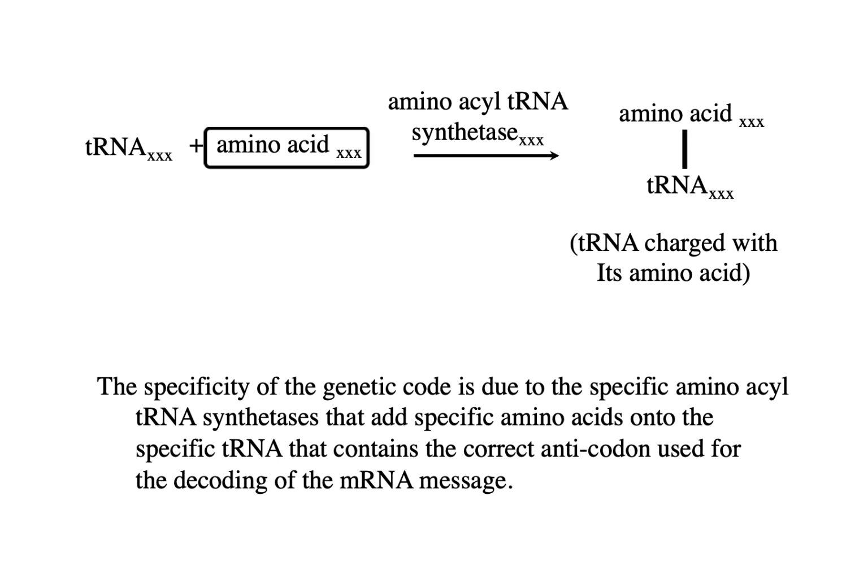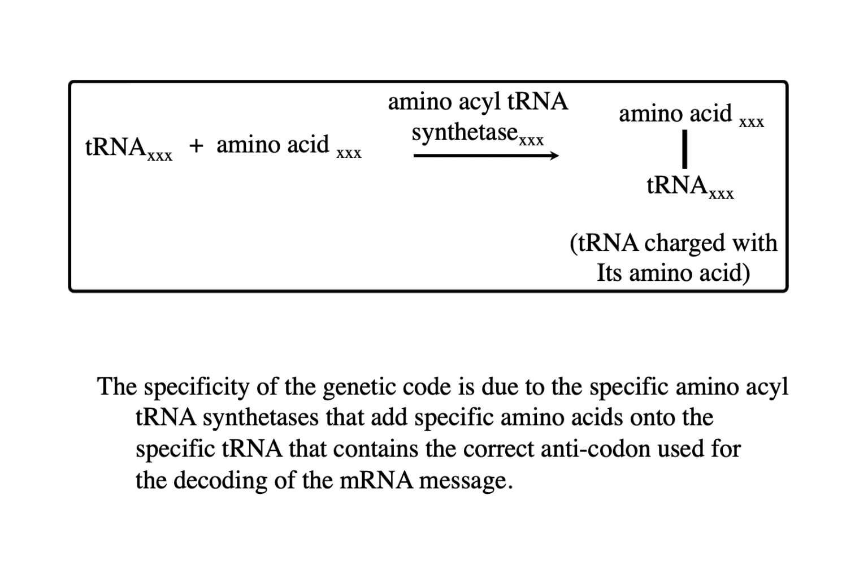And then you have the amino acid that should be put onto that tRNA. The thing that puts the amino acids onto the tRNAs, on those CCA ends, are these amino-acyl tRNA synthetases, and they are specific, or nearly specific. There are a few that aren't as specific, but specific for the tRNA and the amino acid.